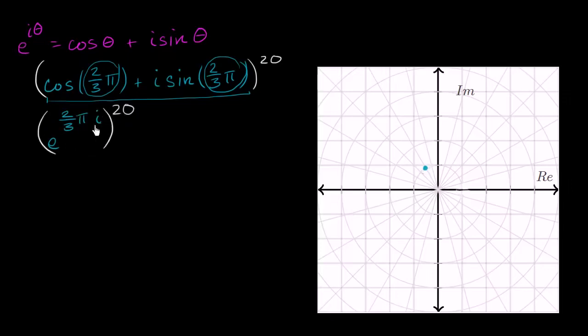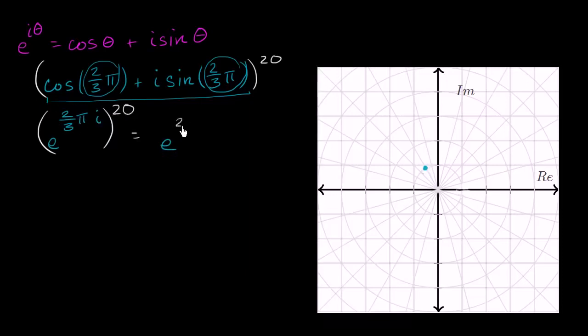This simplifies things dramatically, because if I had 20 of these things and I multiplied them together, that would get really, really hairy really fast. But here I can just use exponent properties. If I raise something to an exponent and then raise that to an exponent, I can just take the product of the exponents.